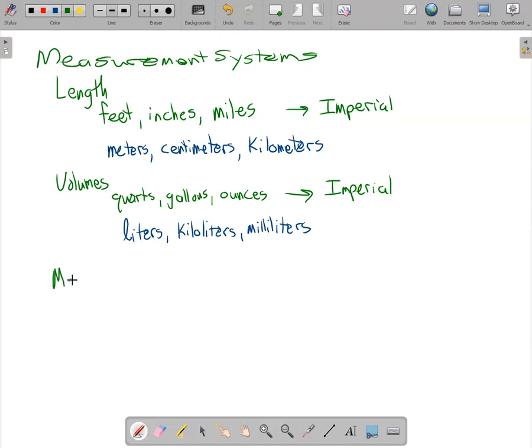And then we have mass or weight, which are really two different things. And in the imperial system, we'll often do pounds, which is a weight, and weight ounces, which are different from liquid ounces, tons.